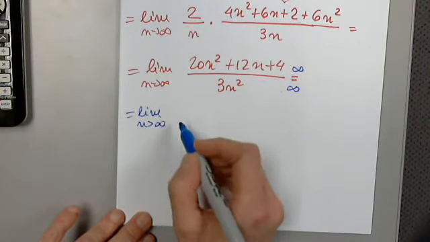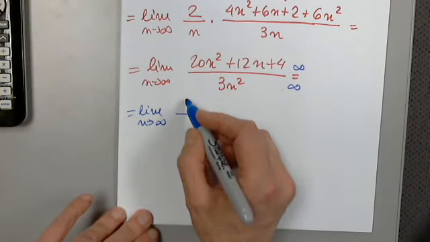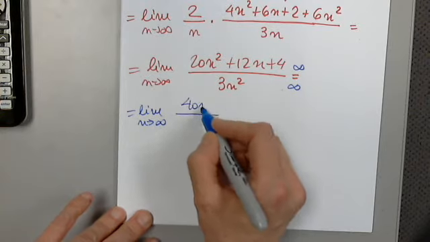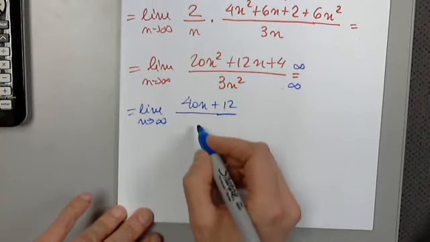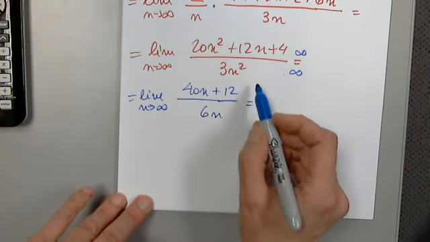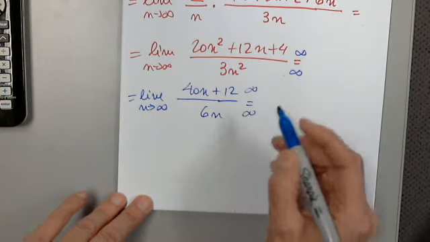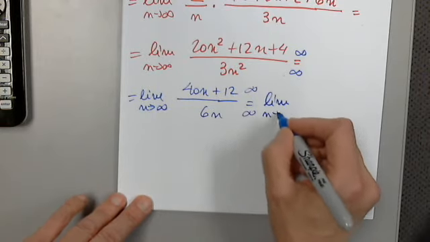Limit as n approaches infinity. The top is 20n plus 12, and the bottom is 6n. Good. The top goes to infinity, the bottom goes to infinity. Good. So then the limit as n approaches infinity.